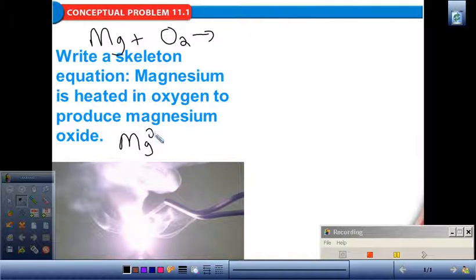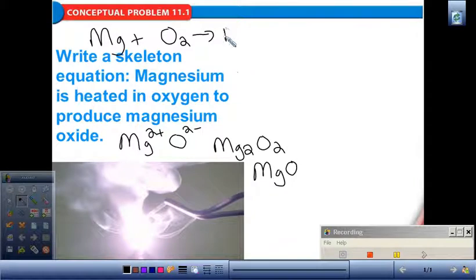Magnesium's in group 2. Oxygen's in group 6. So if it's in group 6, it has 6. That means it wants 2 more. And if I crisscross those, and then 2 to 2, you got to reduce down. That's going to be very important for these things. So 2 to 2 is the same as 1 to 1.